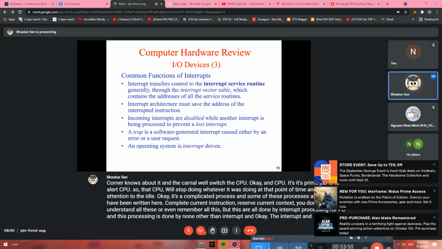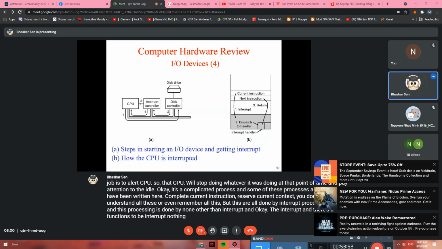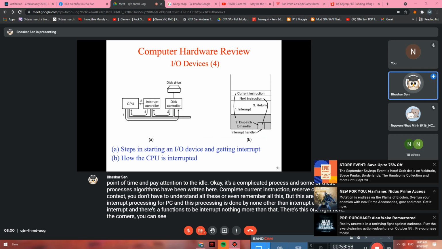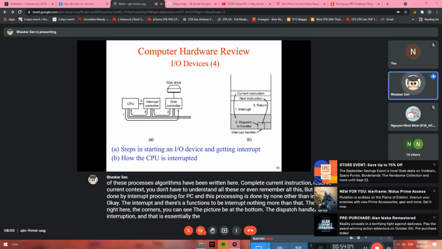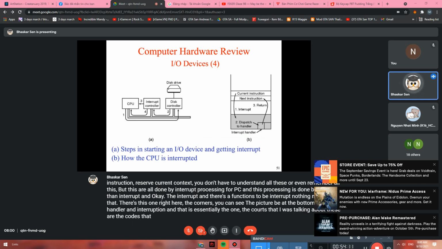These are the functions of interrupts, nothing more than that. There's this one right here in the corner, as you can see. So the picture B at the bottom, the dispatch handler and interrupt handler, that is essentially the code that I was talking about. These are the codes that are running and doing things in their own way.